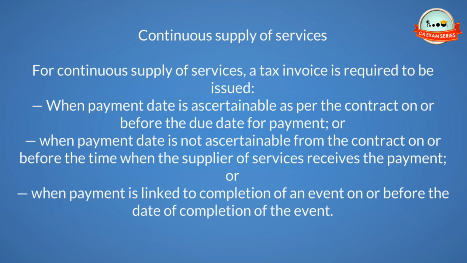For continuous supply of services, a tax invoice is required to be issued when the payment date is ascertainable as per the contract, on or before the due date for payment, or when the payment date is not ascertainable from the contract, on or before the time when the supplier of services receives the payment, or when payment is linked to completion of an event, on or before the date of completion of the event.